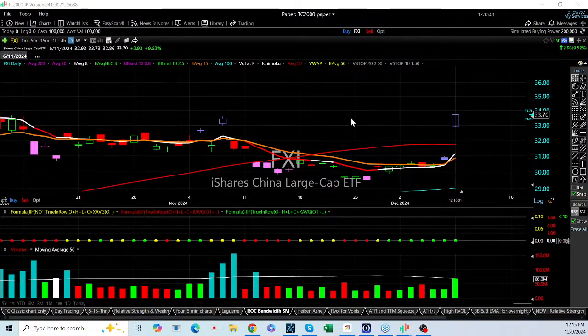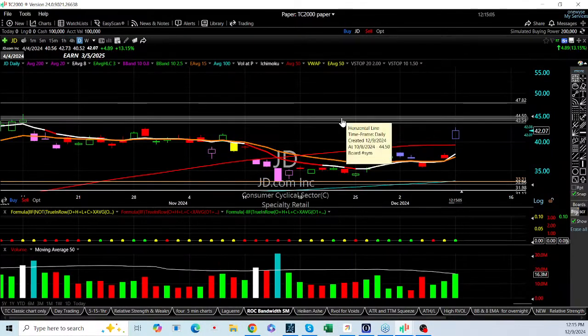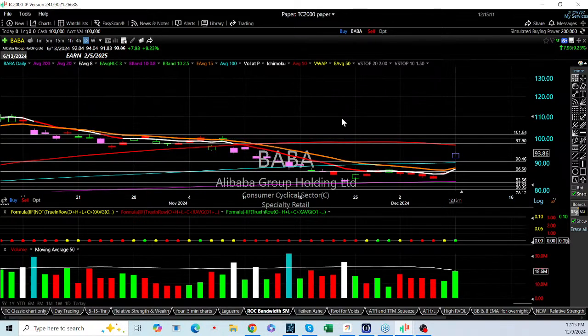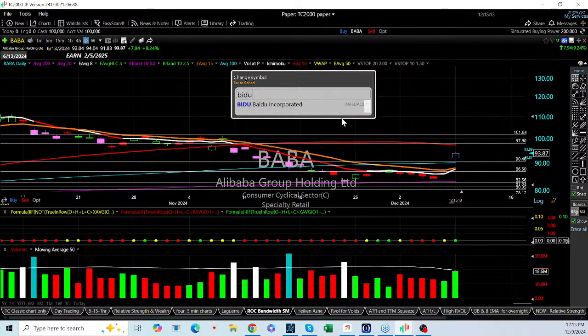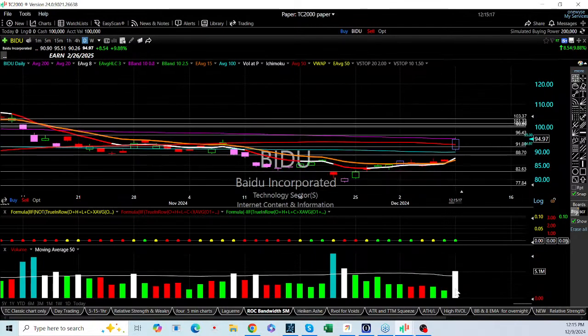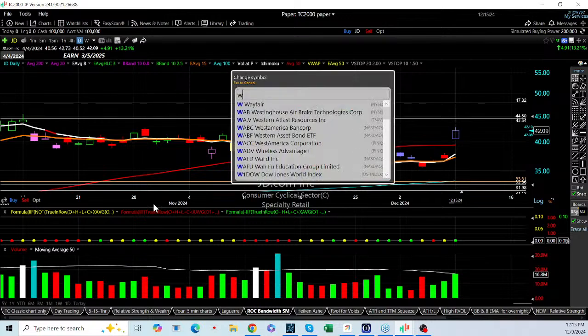Big gap up here, and you can see stocks like JD, which is Chinese, PDD, all gapping up pretty big this morning. BABA also, and Baidu as well, which is right at the 200-day moving average. Purple line right there, 200-day moving average. Big volume. See the volume on these things? Again, a lot of buying going into these Chinese stocks.